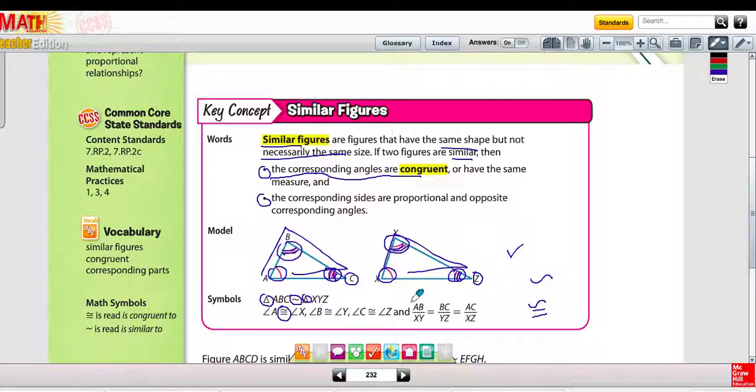In addition, we say that AB over XY equals BC over YZ, and then equals AC over XZ. So the corresponding sides are proportional, and those are opposite the corresponding angles. So make sure you get the model and the symbols into your notes for this lesson.